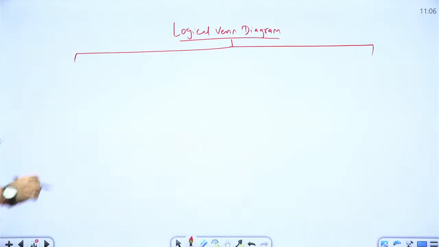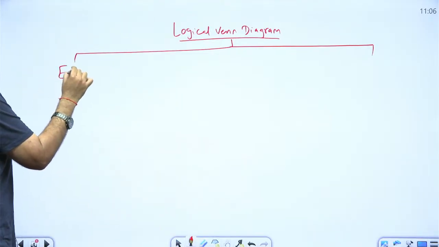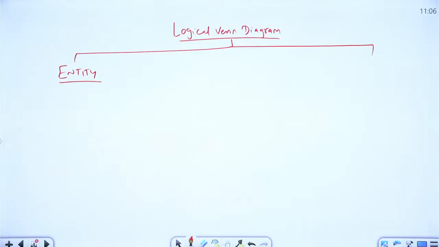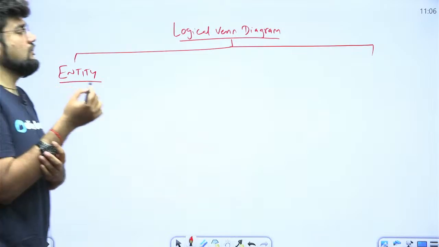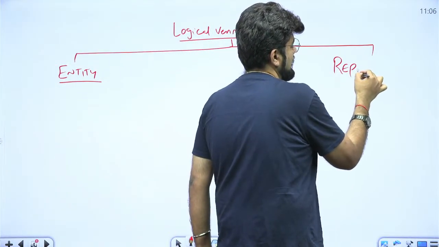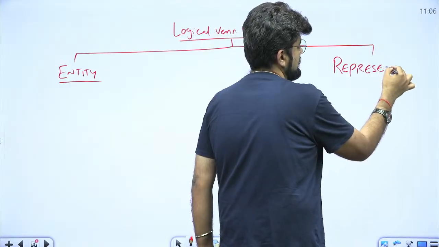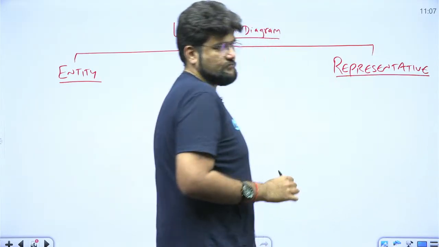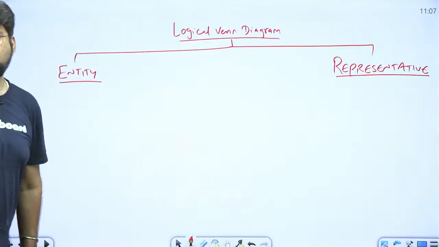The first one is known as an entity based Venn diagram. And the second one is known as a representative Venn diagram. Now I'll tell you the difference.